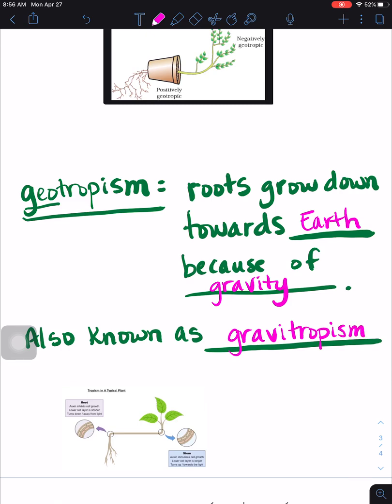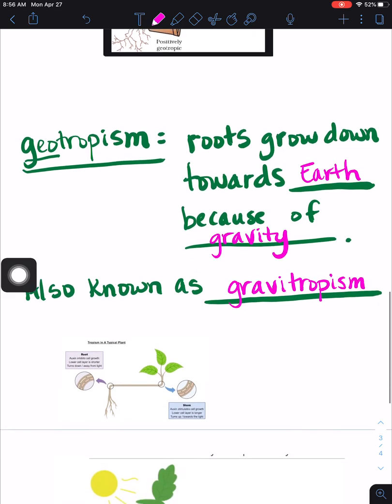I see it changed all the time in our science writings through benchmark testing or STAR testing or things like that, materials made for us. Some scientists will call it geotropism, some will call it gravitropism. So note both words. But lately I've seen it being referred to as geotropism, so we'll go with that one.